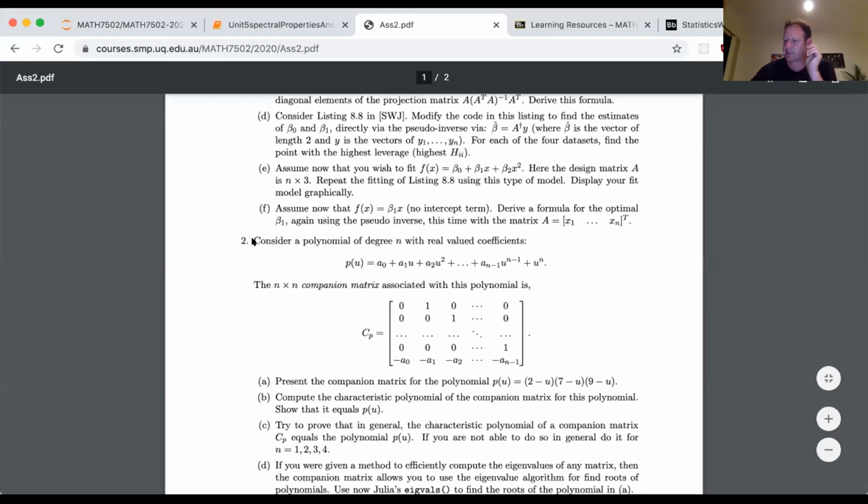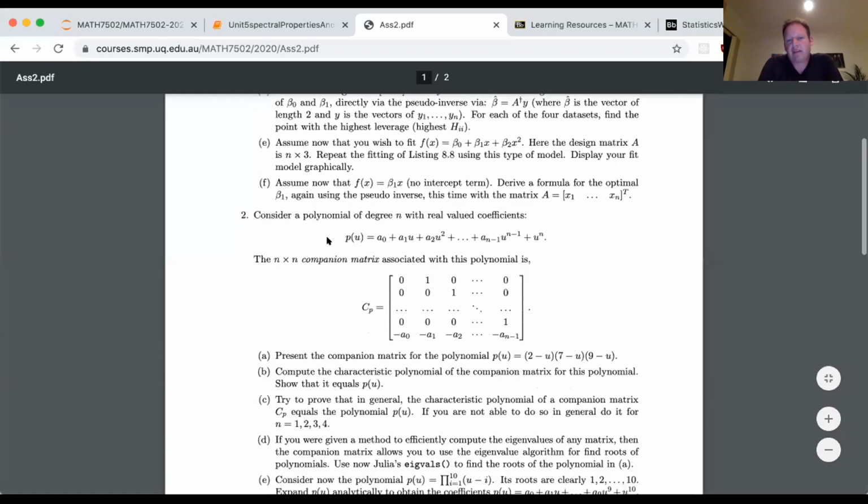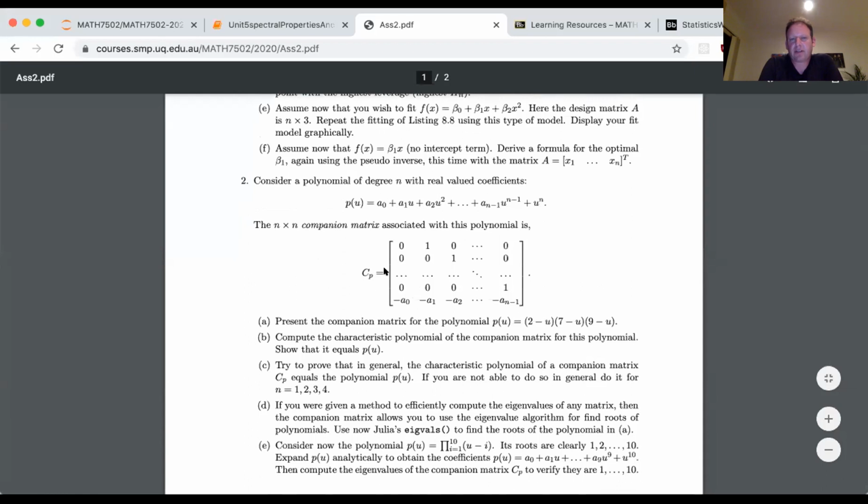So the first question deals with least squares, and I would get to it ASAP, just to get things out of the way. The second question, after this lecture, you have all the knowledge for the second question. It deals with the companion matrix. So look, let me give you a bit of philosophy here. When you're looking for the spectrum of the matrix, you're looking for the eigenvalues, you're not solving a general polynomial.